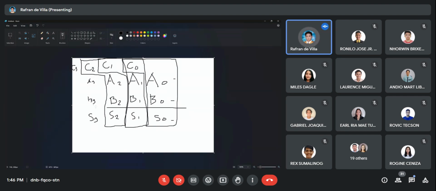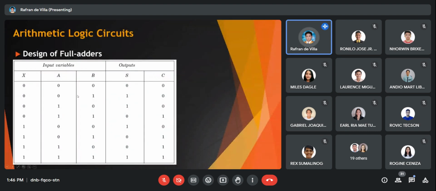This circuit is a full adder circuit that represents the tens, this is the full adder circuit that would represent the hundreds place, and another full adder circuit to represent the thousands place.